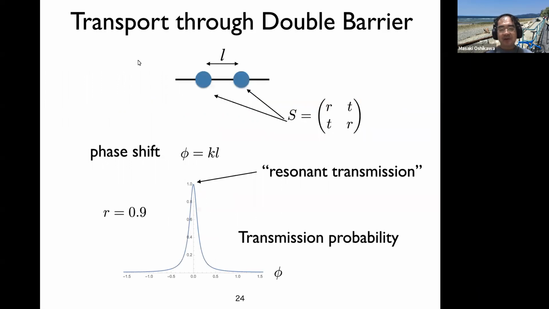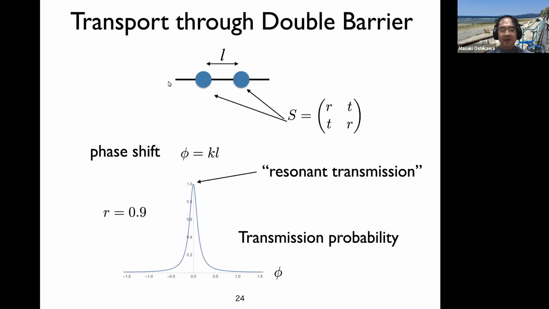And maybe the next simplest case to the single barrier is the double barrier case. And in this case, let's say we have two identical barriers characterized by the unitary S matrix.